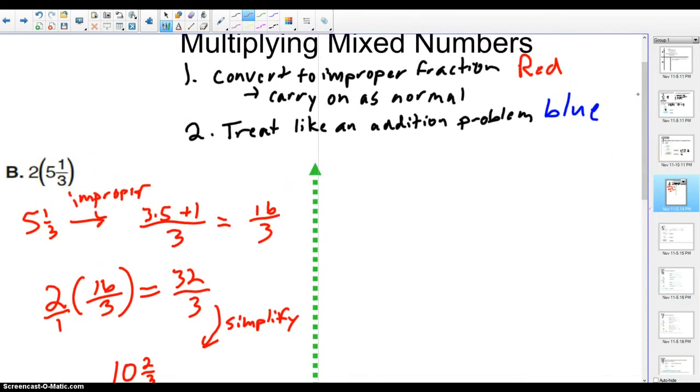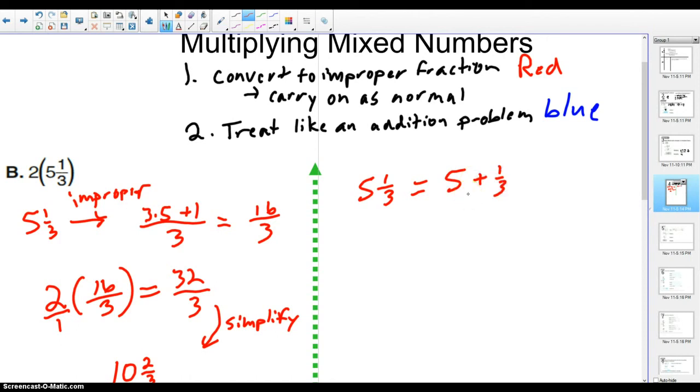Now, if we treat this like an addition problem, this goes back to the other question that we had in our warm-up. For that question, we asked, how did we write a number called 5 1/3? 5 1/3 is actually 5 plus 1/3.